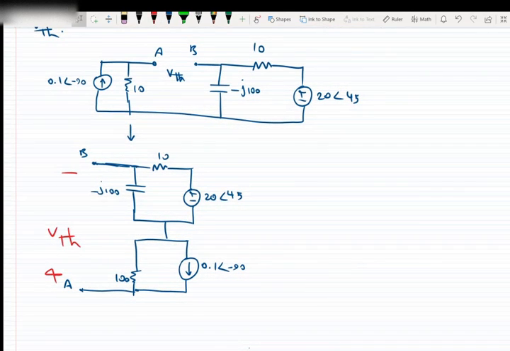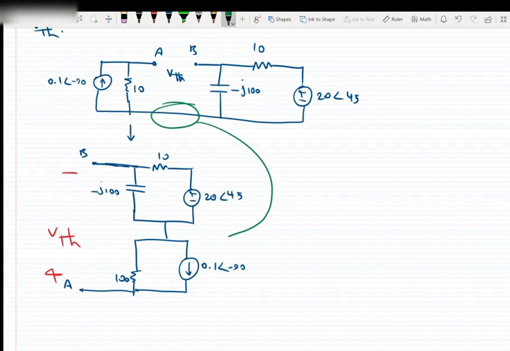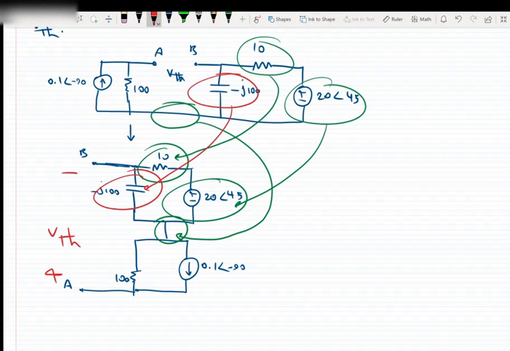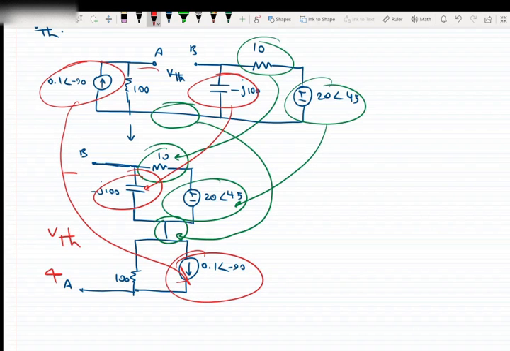Okay, so let me just use a red pen to show you the connections. So this one is here, this one is here, this one is here, this one is here, and this one is here.